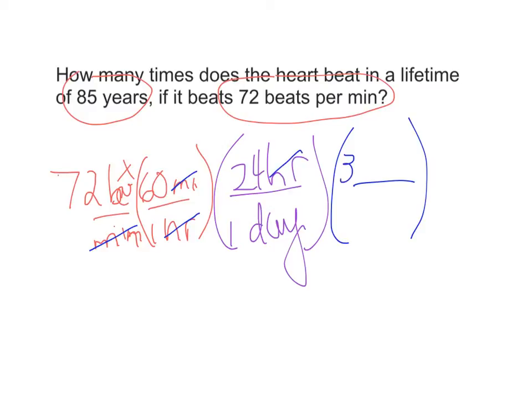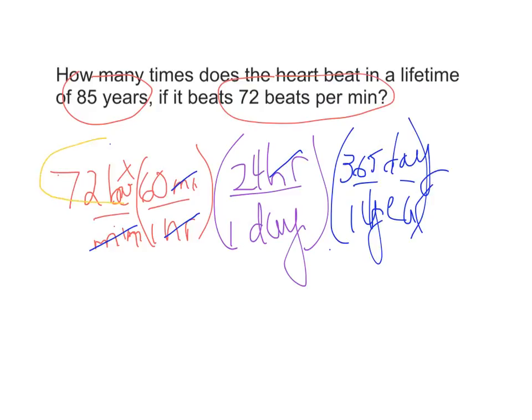So 365 days, whoops, and that should say days, is 1 year. All right, and then we're going to multiply that by 85 years. So what I would suggest that you do is go straight across the top and multiply those.